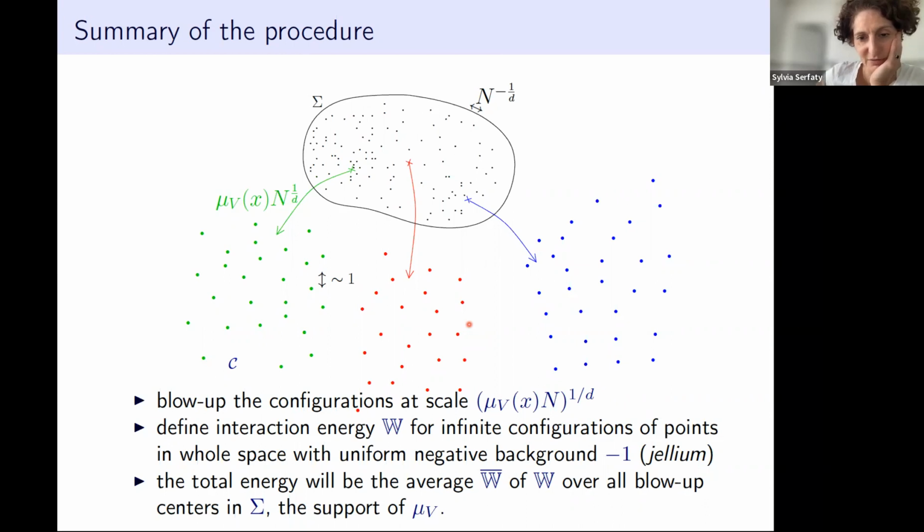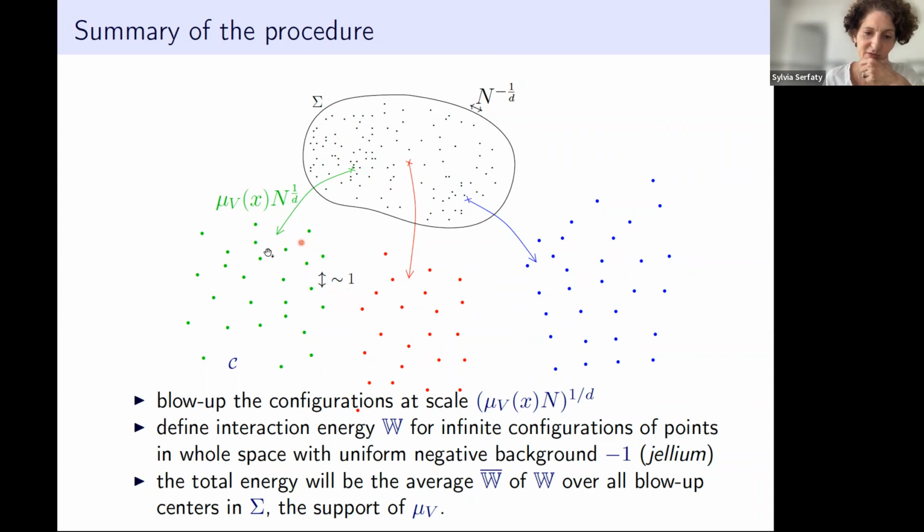That's the micro scale in dimension d. And so you can zoom near any point in sigma at the scale mu(x) times n to the 1 over d. So this is the zooming scale that will lead you to configurations of points that are typically of density 1. So typically 1 point per unit volume.